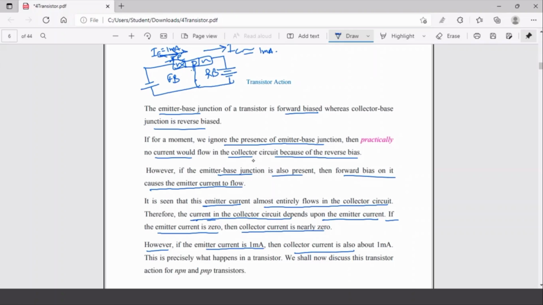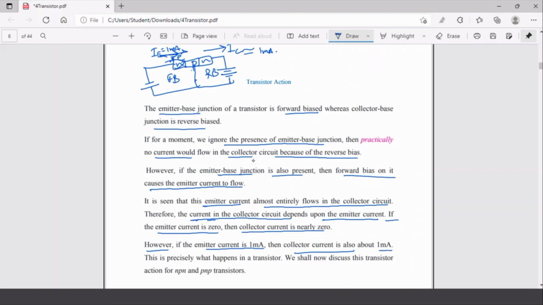Here electrons are there, here holes are there. That 5% current is flowing in the base. The remaining 95% of the electrons pass through and reach the collector region here. So nearly, we say that if the emitter current is 1 milliampere, the collector current is almost equal to 1 milliampere.